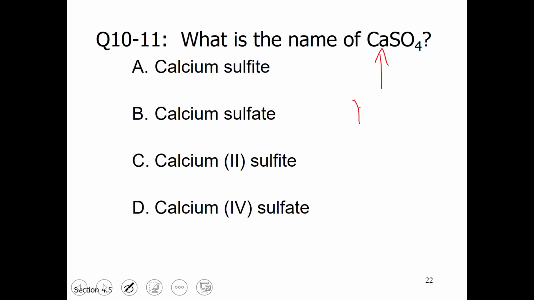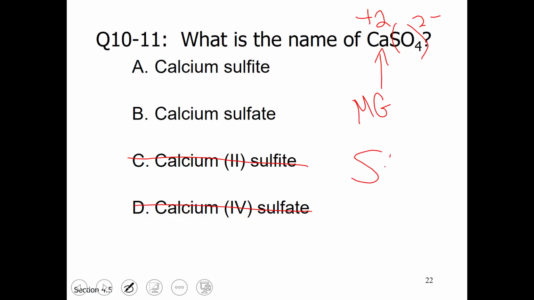Calcium is a main group metal. We don't need any Roman numerals, so goodbye, goodbye. Now it's just a matter of deciding, is the SO4 a sulfate or a sulfite? The calcium's going to be +2. The SO4 is going to be a 2-.